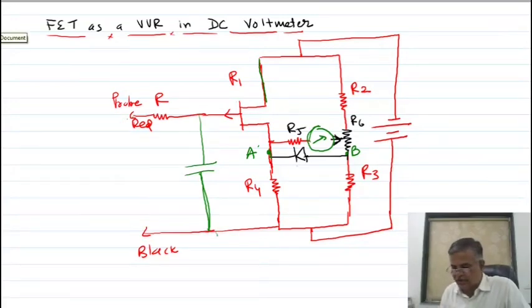Sir, I want to design for 1 volt. Just to explain, I am taking a voltmeter which measures up to 1 volt. Then I have to give 1 volt from a calibrated voltage source.